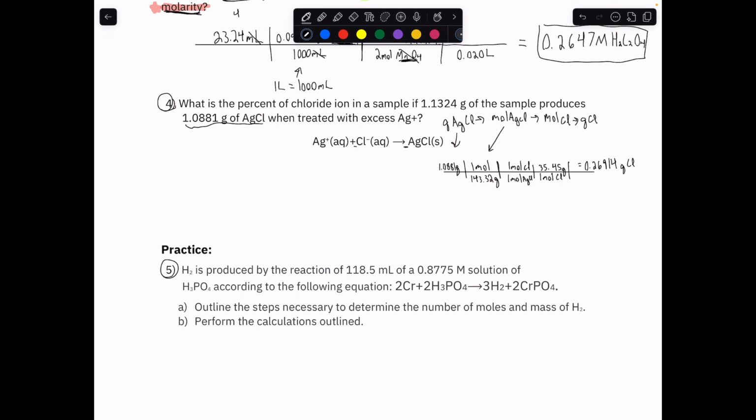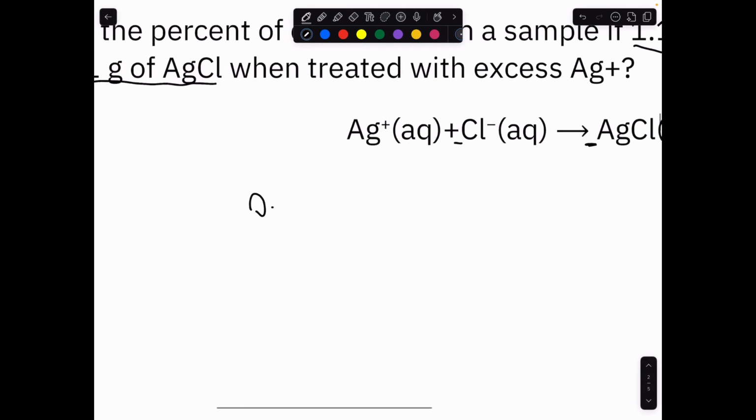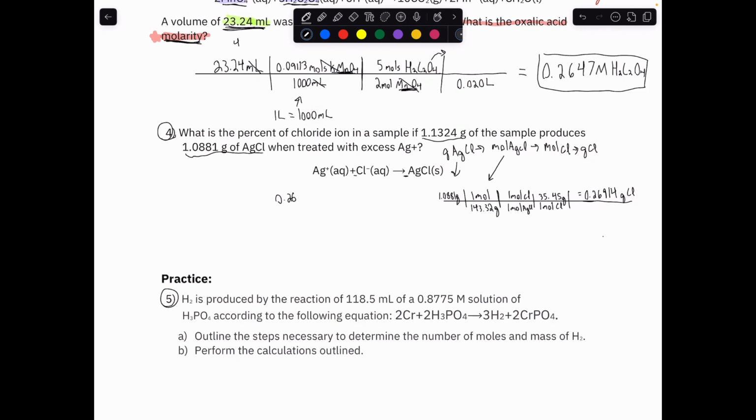From there, we would then take our grams of Cl. I'm sorry guys, I'm a little tired. I should just zoom out. 0.26914 grams of Cl, and I would divide that by the hypothetical grams that the sample would have, which is 1.1324 grams.